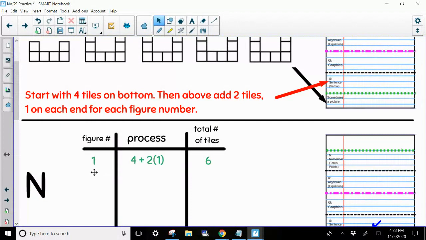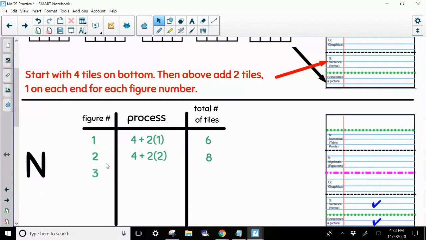We're going to follow this process. So for figure 2, we have 4 plus 2 times 2, which is 4. 4 plus 4 is 8. All right, then we have figure 3, which we have 4 plus 2 times 3. 2 times 3 is 6. 6 plus 4 is equal to 10.